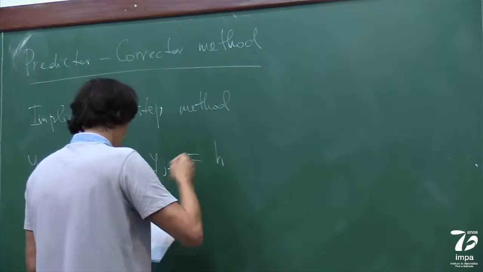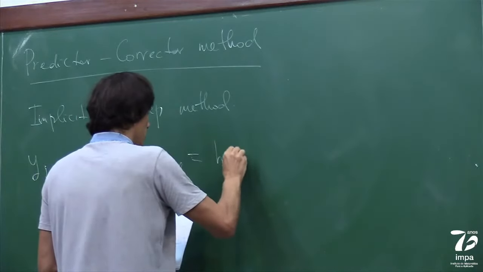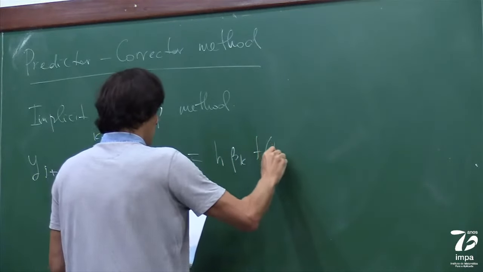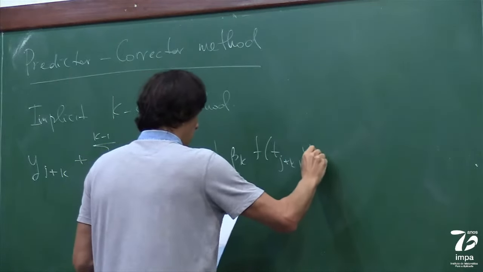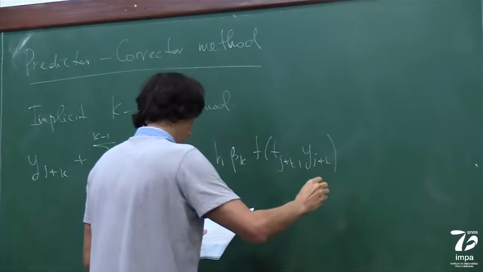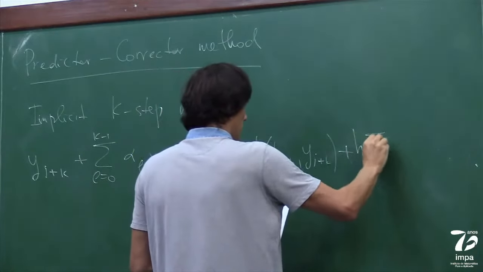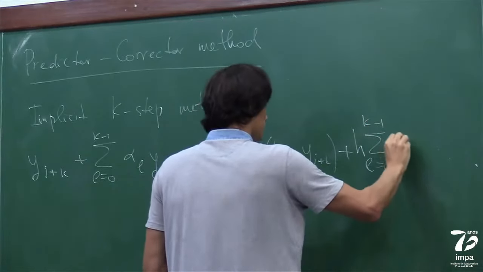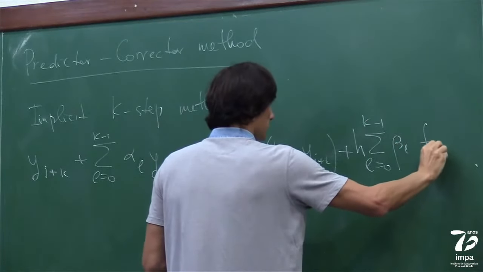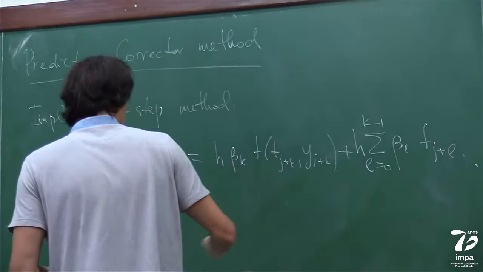So if it's implicit, then the first term should be not 0. So this is not 0.